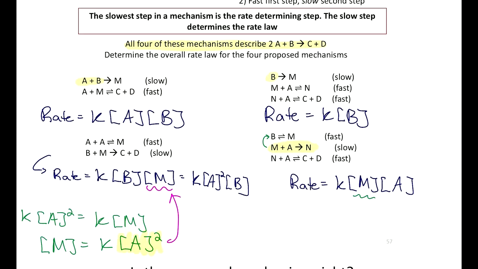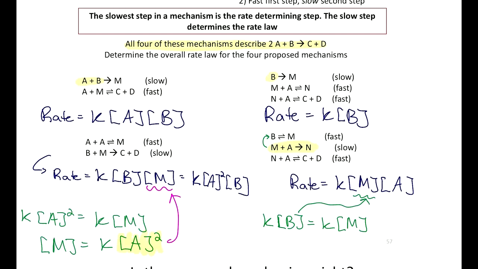And so we can see, all right, the rate law for the forward reaction, k times B concentration, equals the rate constant times M concentration. So basically B concentration equals M concentration, and this allows me to replace M with B concentration in our rate law, right?